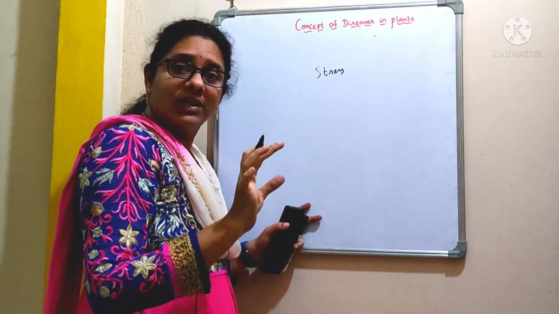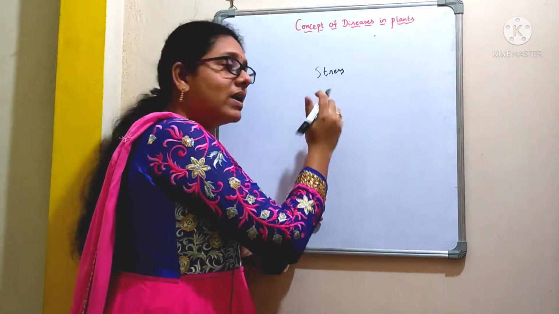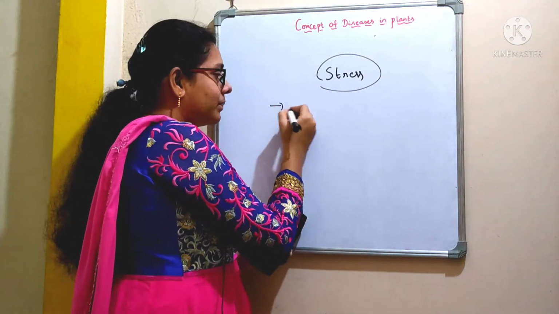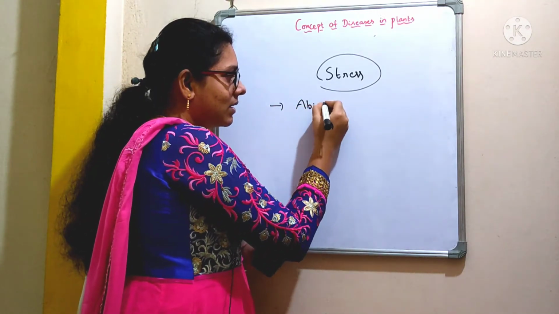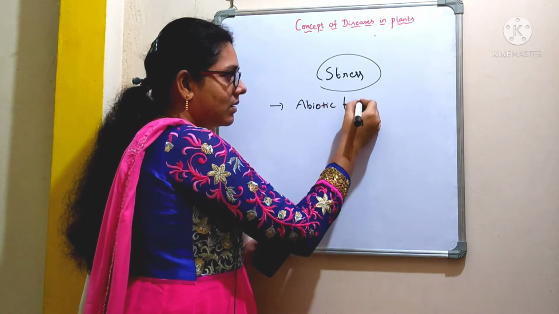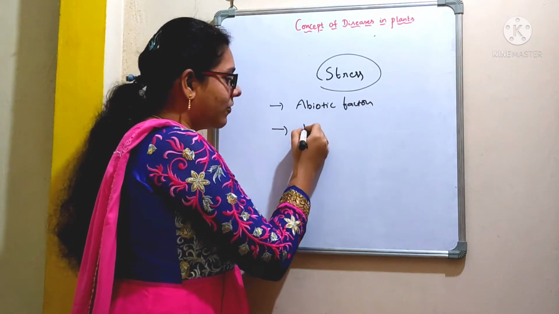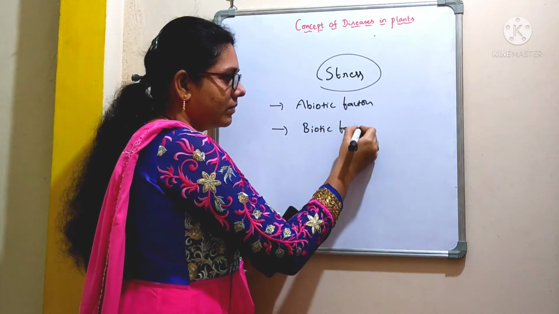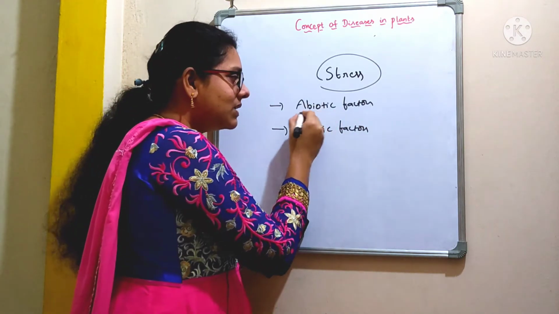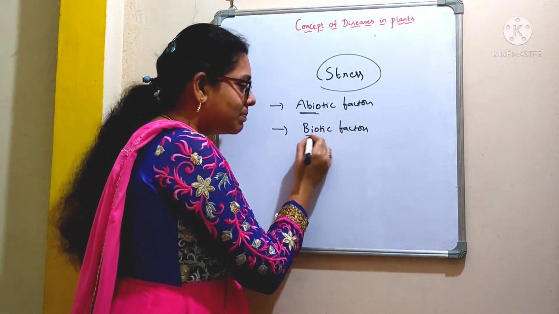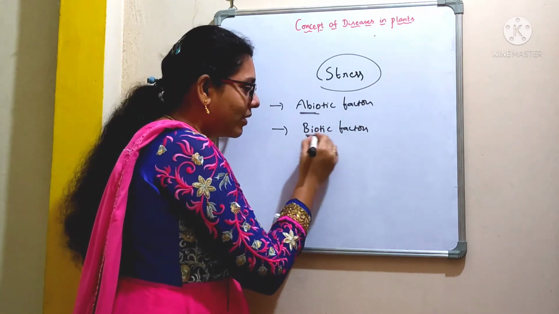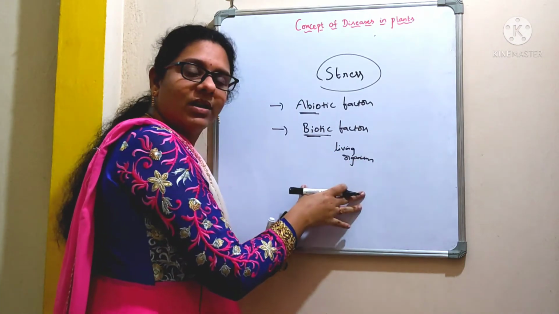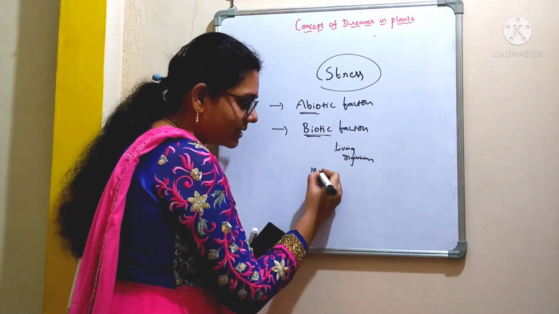Remember, not only human beings, plants also experience stress from various factors. They are abiotic factors and biotic factors. Abiotic means non-living, whereas bio means life, right? So biotic means living organisms. So what are the living organisms? We can say microorganisms.